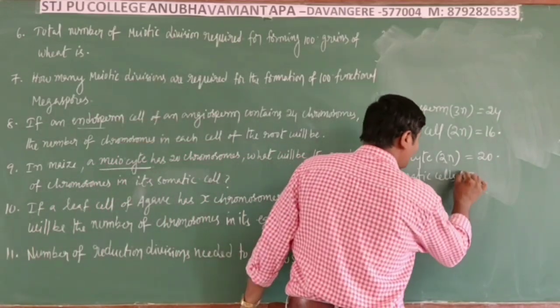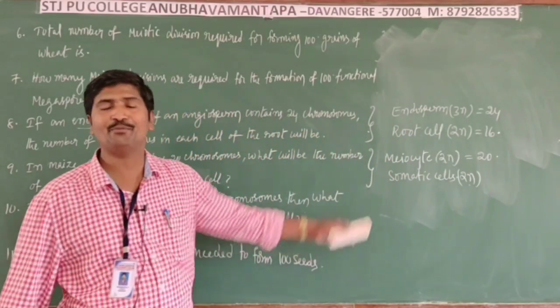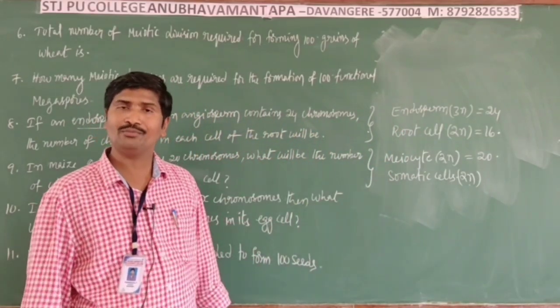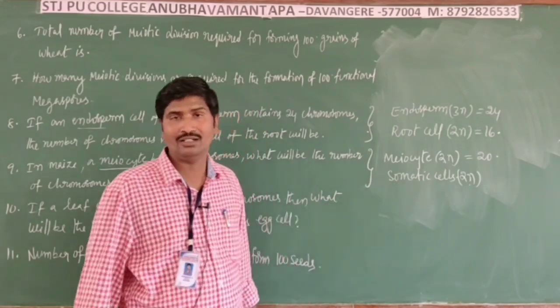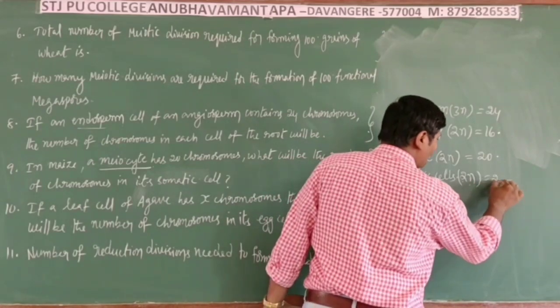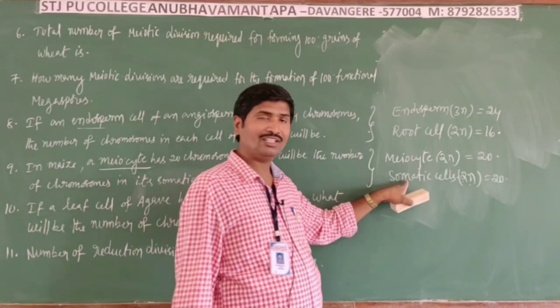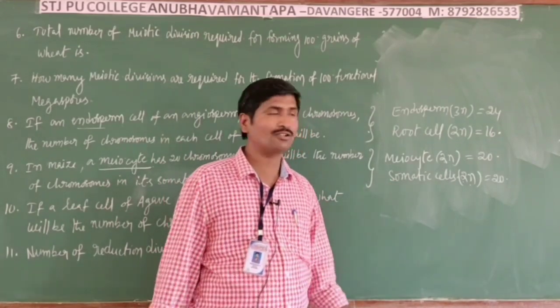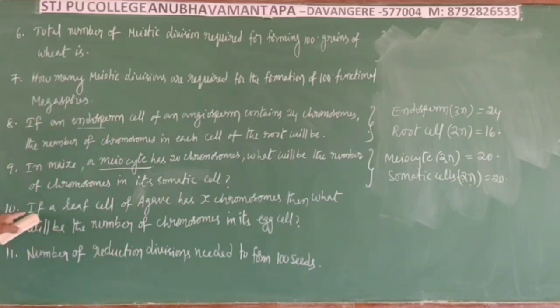Here the vegetative parts are which ploidy? Diploid. Root, stem, leaf are parts of the sporophyte, so that is 2n. The same chromosome number, 20, is present in somatic cells also. That's why the answer is 20.